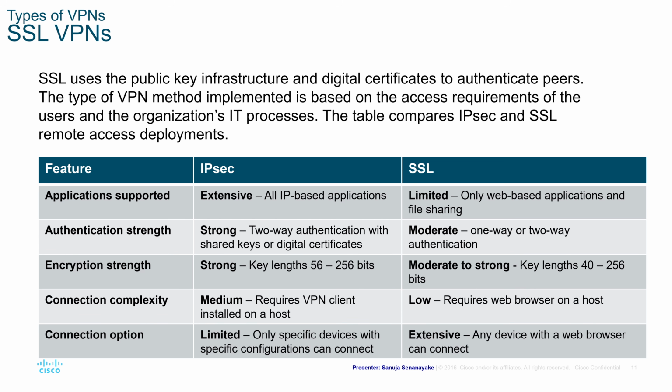Connection complexity. IPsec is medium complexity, so it requires a VPN client installed on the host, such as Cisco AnyConnect, as I mentioned before. While SSL is low because it requires just a web browser on a host.